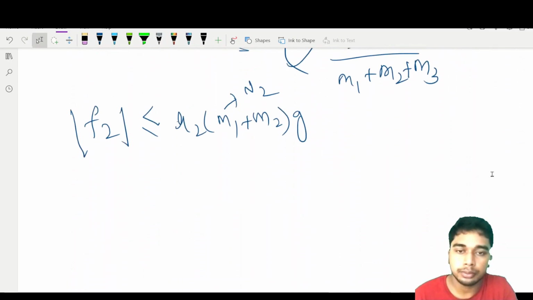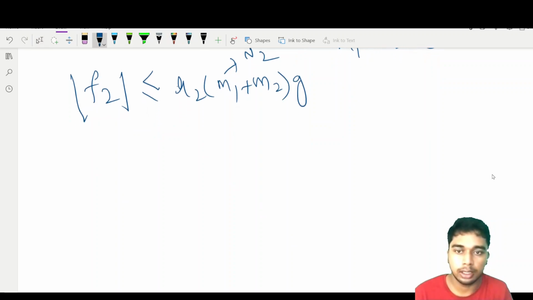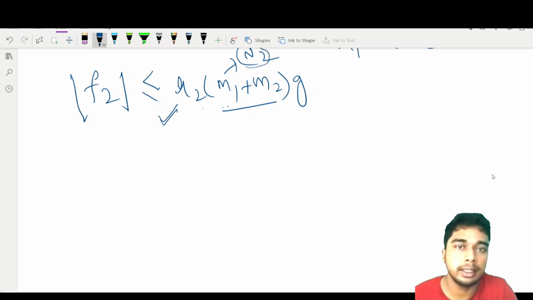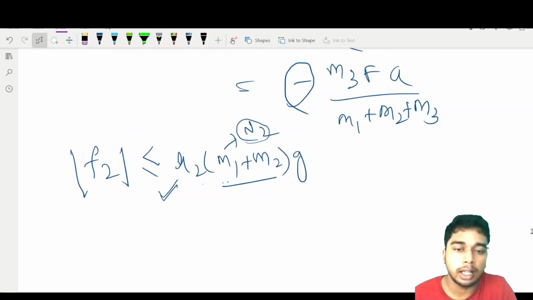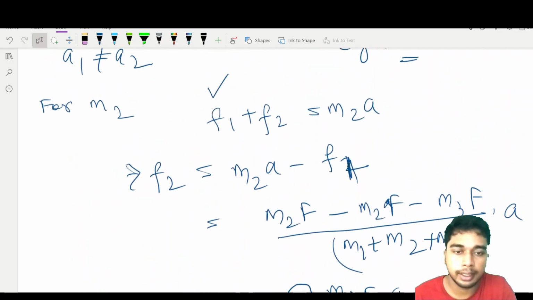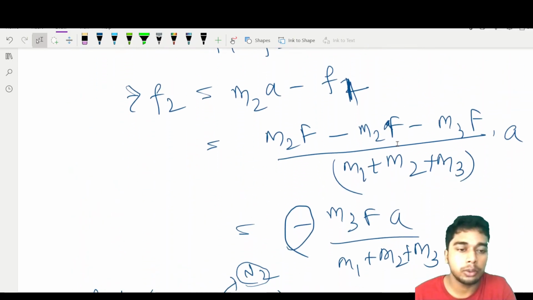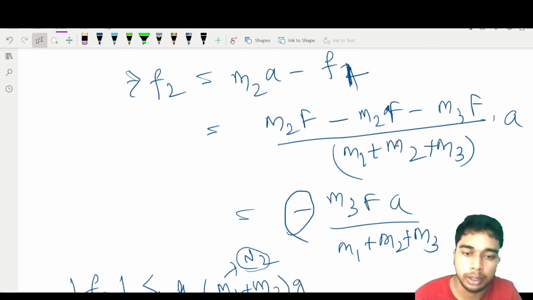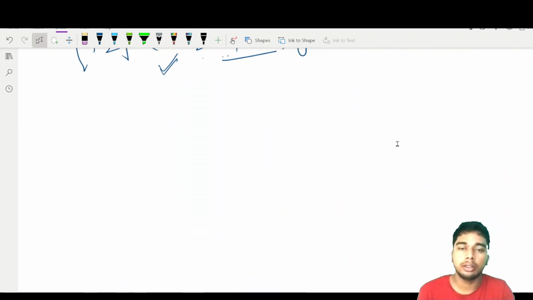So I just inserted N2 here. I have to check this one. If this relation is satisfied, then I will say that the two blocks m2 and m3 move together. Otherwise, the motion will not be possible.